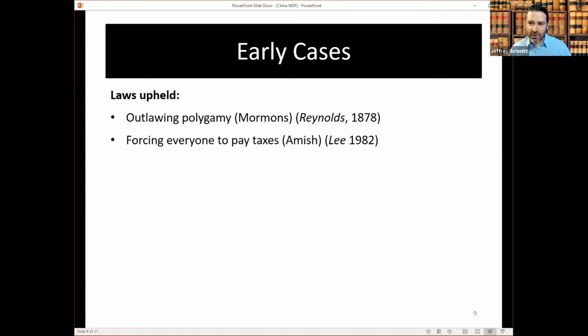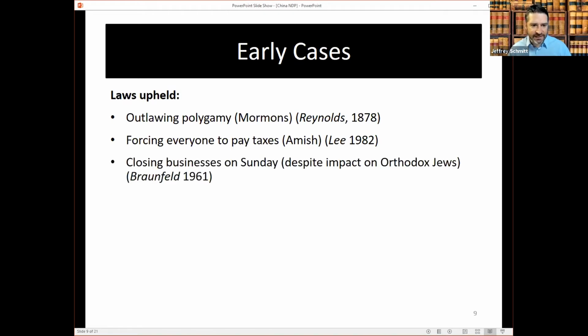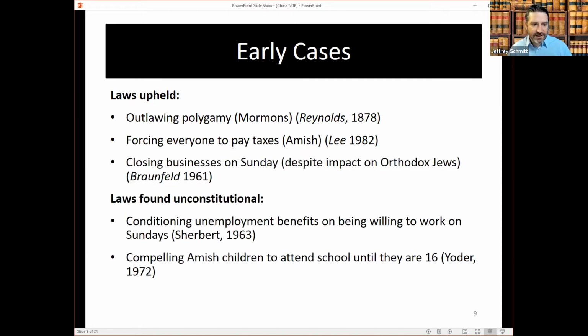However, if you fast forward quite a bit, we see the Supreme Court start to make exceptions in different cases, such as Sherbert, which is similar to the case we're about to look at.